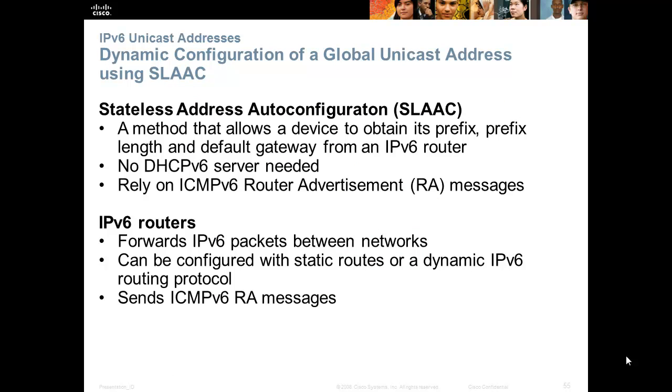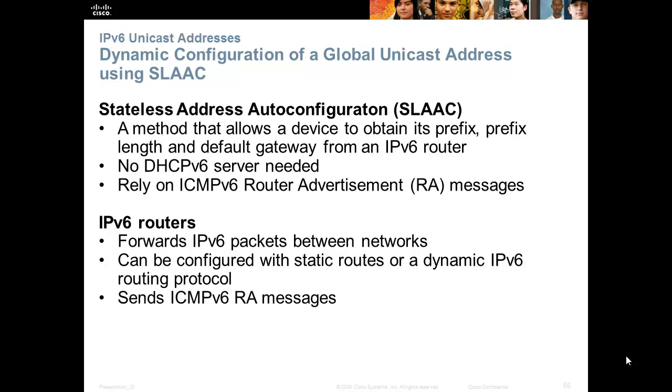The first way is a way that's built into IPv6 for us, known as SLAAC, or Stateless Address Auto-Configuration. This method allows a device to obtain its prefix length and default gateway from an IPv6 router. With this, we will use the EUI64 method to determine the interface portion.